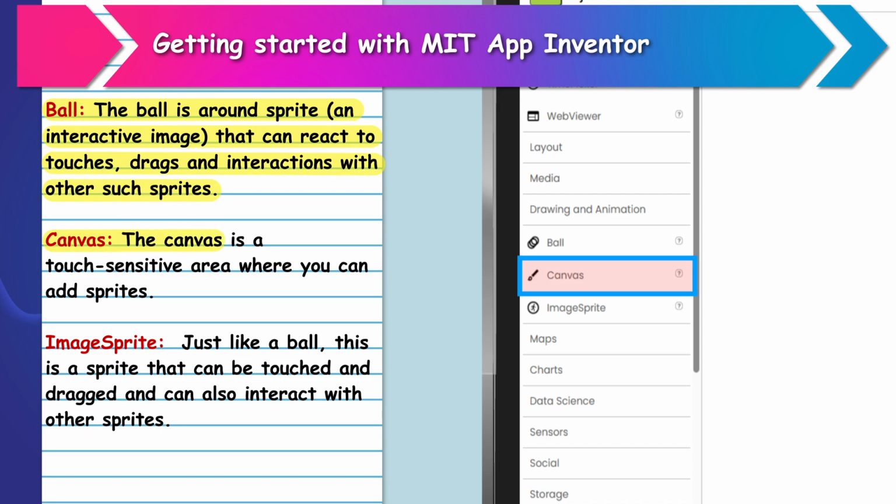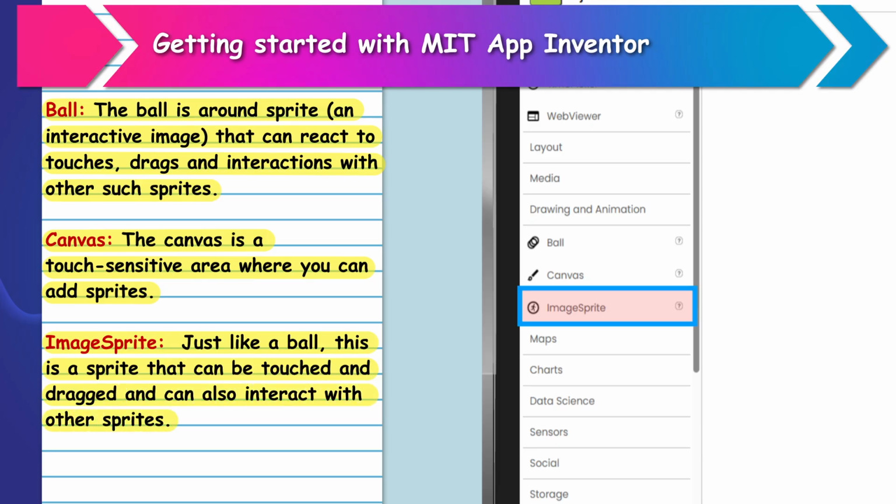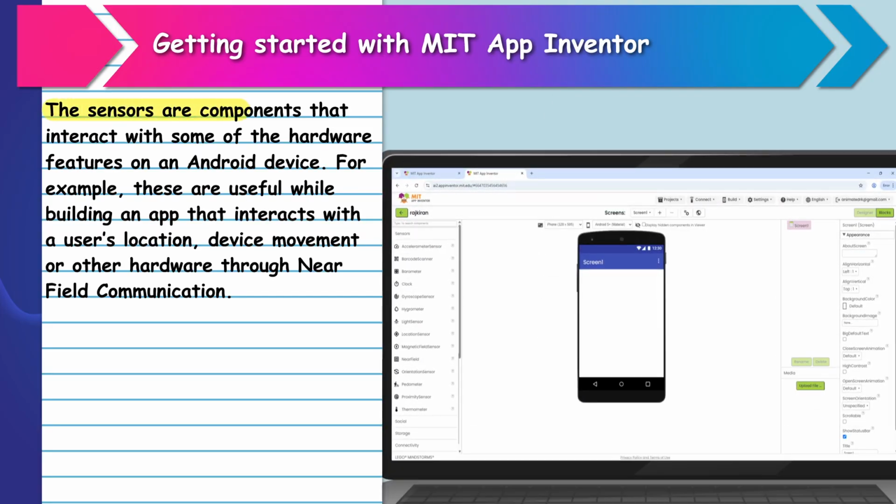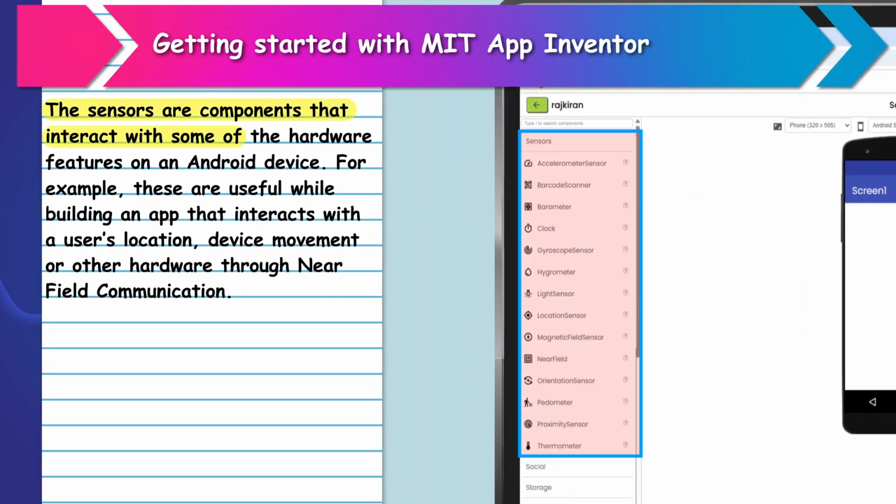Canvas. The canvas is a touch-sensitive area where you can add sprites. Image sprite. Just like a ball, this is a sprite that can be touched and dragged and can also interact with other sprites. Sensors. The sensors are components that interact with some of the hardware features on an Android device.